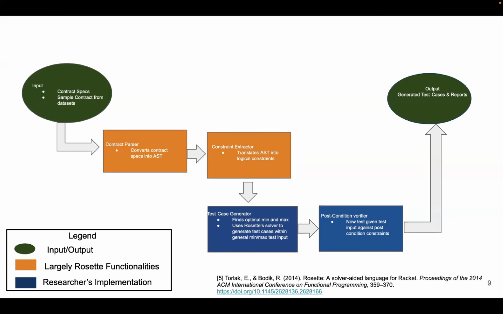Finally, I move down to a test case generator, where I find the optimal min and max using Rosette Solver to generate test cases within the minimal min and max test input that also passes the preconditions. Now I feed this into the postcondition verifier, which checks whether the given tests that satisfy the preconditions within those bounds also satisfy the postconditions. I lastly output this via generated test cases and a final report.